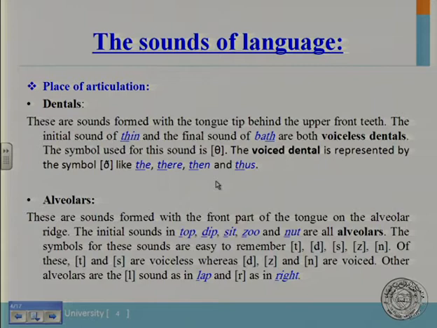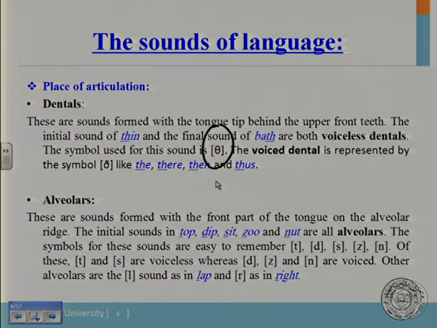And these two sounds, as in bath and thin, this sound is a voiceless dental sound. And the symbol for this sound is this shape here. As you can see, this is the symbol of thin, or as in bath.